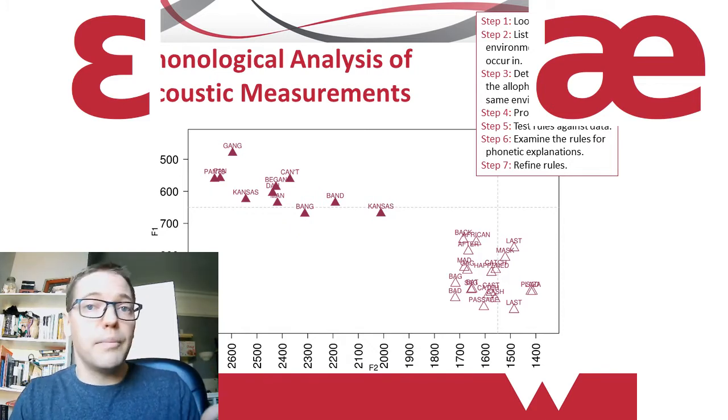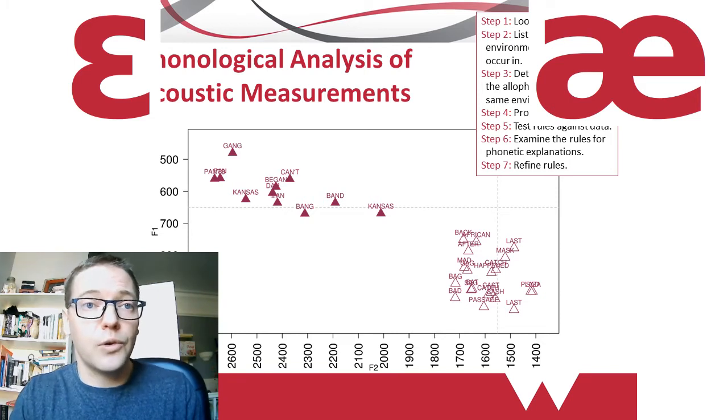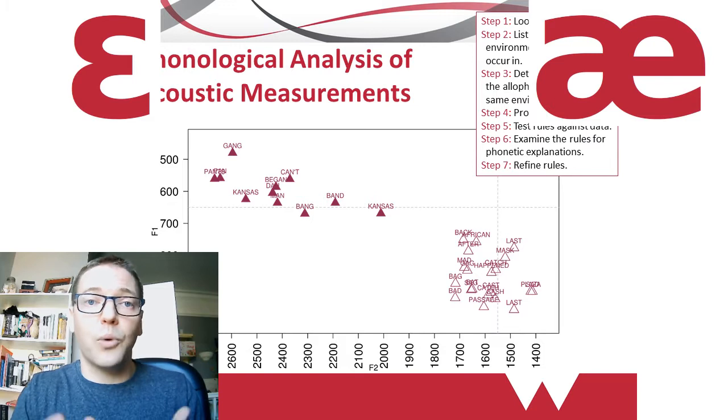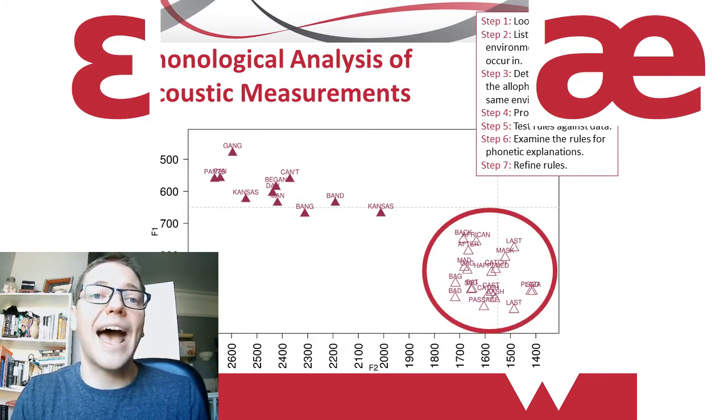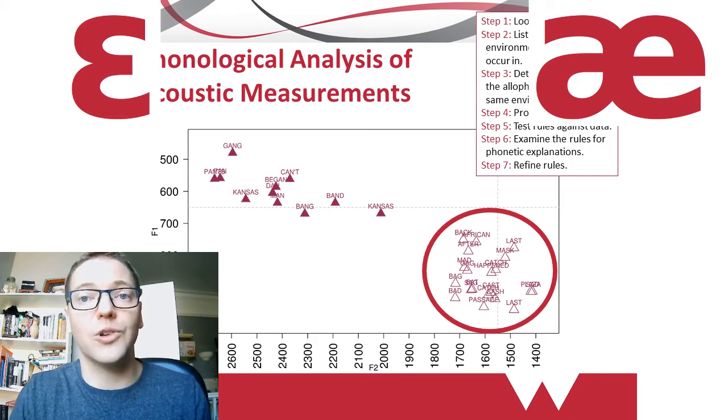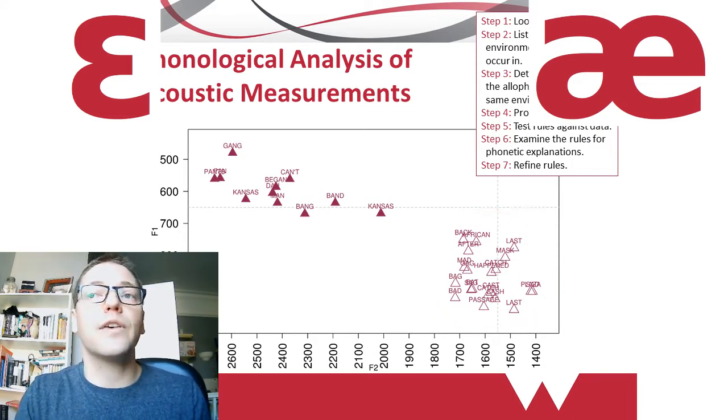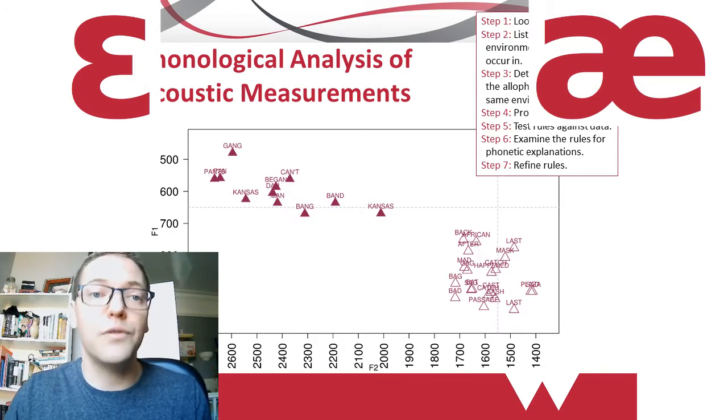In step 3, you'd compare the phonetic environments that each allophone occurs in and find that they don't occur in the same environment. The allophones realized as "eh" always occur before a nasal consonant, while the allophones realized as "ah" never occur before a nasal consonant. The allophones are therefore in complementary distribution, so they must be allophones of the same underlying phoneme.